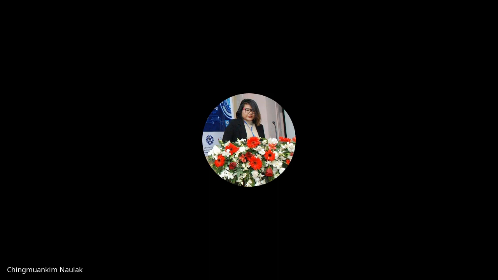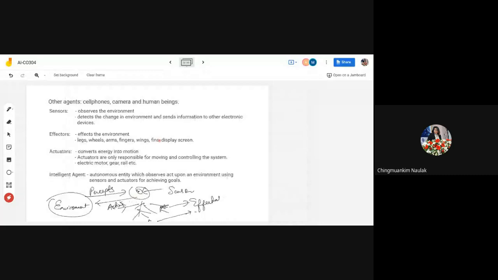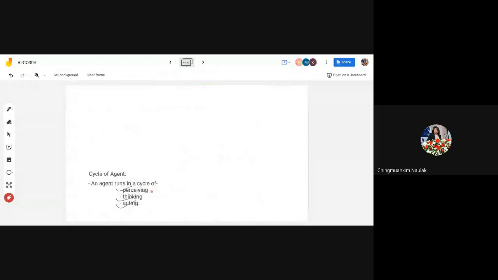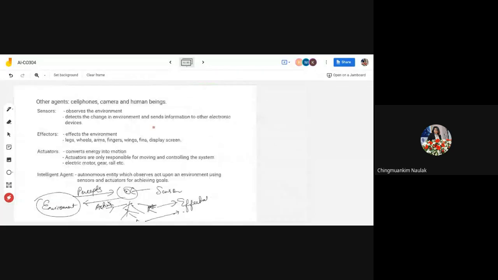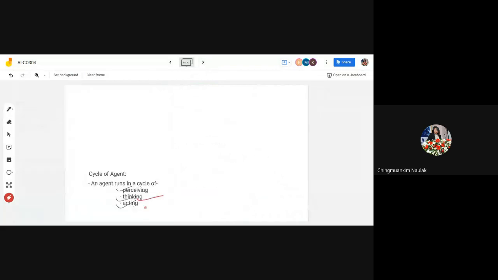First, it perceives the environment through the eye. Based on whatever it perceives from the environment, it sends it back to the agent and it thinks on how it can act upon it. After thinking, it starts to act. So this is the cycle of an agent.